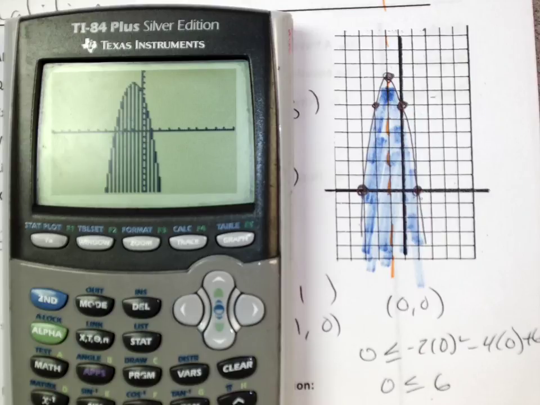My calculator worked. Yeah, it's squared. Look how close I am.